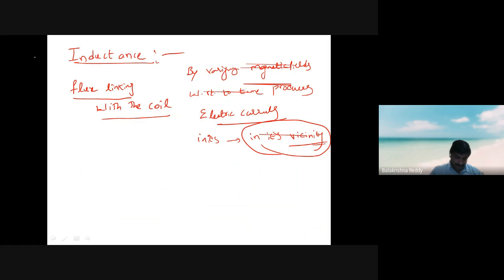Okay, now an electric current can be induced by what? By changing the flux. The amount of flux, how much it is there, that much current can be produced.